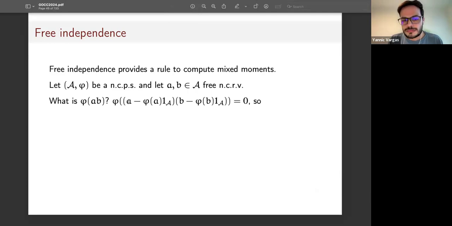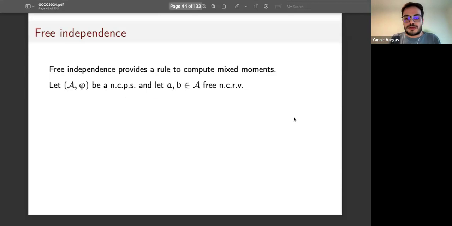I'm going to consider A minus phi of A times 1 of A, and B minus phi of B times 1 of A. So this is, again, the unit of the algebra. So what happens in this case? If I calculate phi of this term, remember that phi is linear. So phi of this term is 0, and this is inside the algebra generated by A. Phi of this element is 0, and this is an element in the algebra generated by B. And I know that A and B are free, so those two terms are free, and phi of those terms is 0.